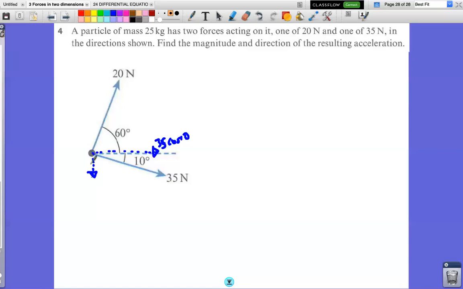Remember, this is in the negative direction of y, so it's negative 35 sine 10. Okay? And then this 20 Newton force will have a component this way, which is 20 cos 60. It will have a vertical component, which is in the positive y-axis. And this is 20 sine 60.